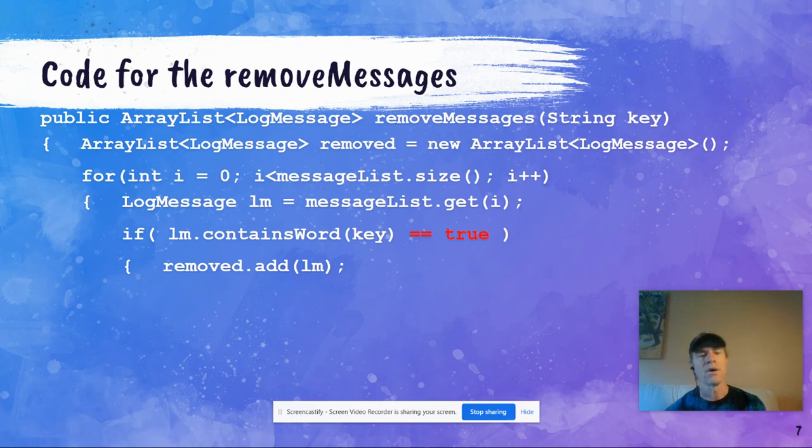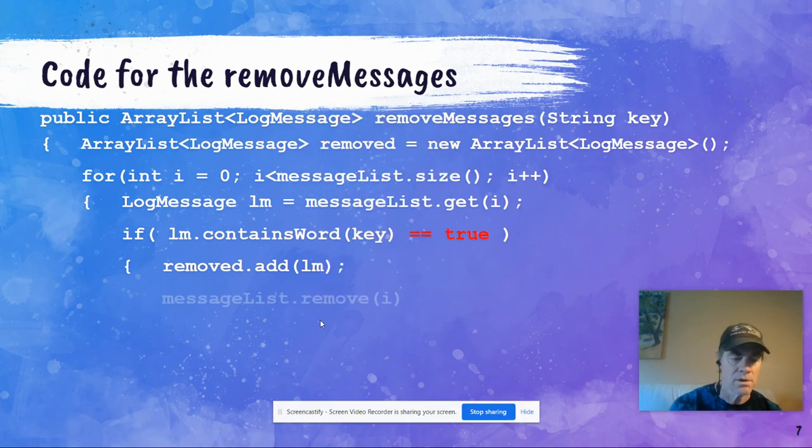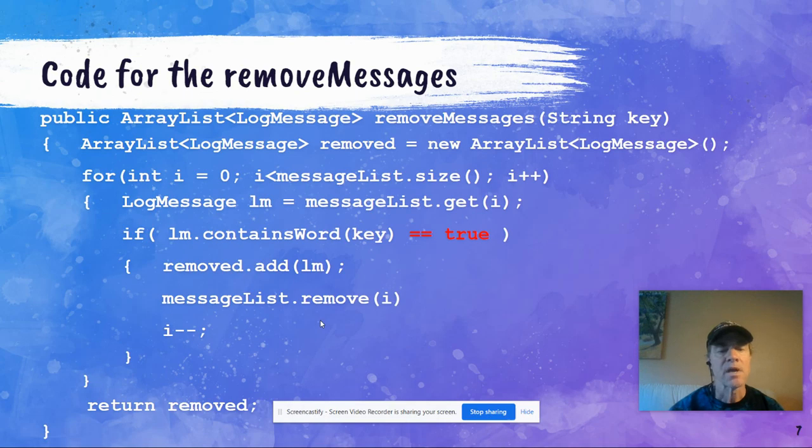I'm going to add ln, the log message that has this word, to the array list that I just created. The one that is originally empty, that element is going to be added to it. Sorry about that, wrong button. Then the next thing I want to do is remove the element at the given index from messageList, that's the master list.